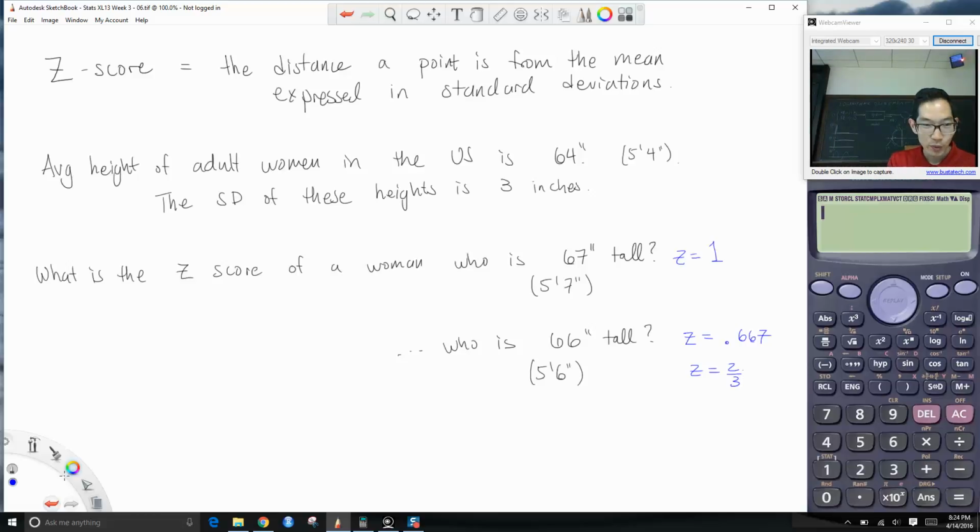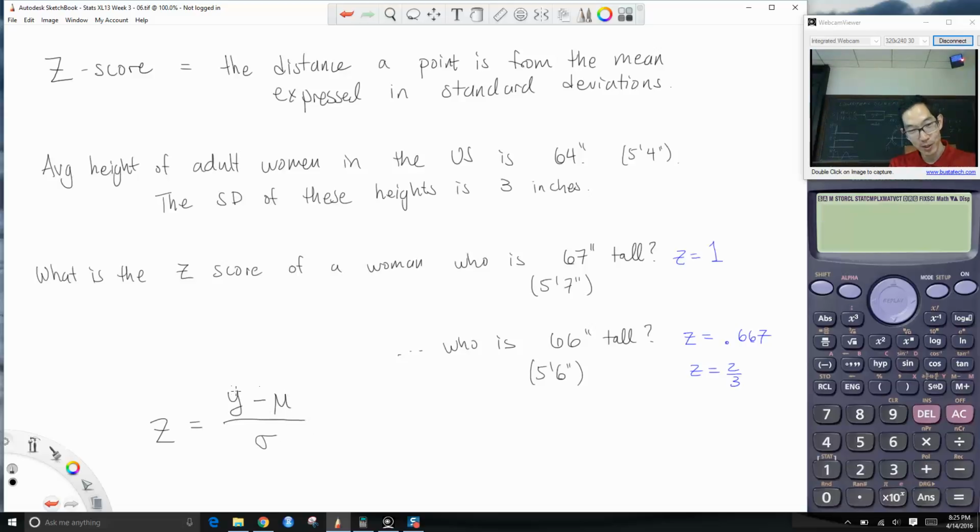If you had to come up with a formula for the Z-score, what would you say? Z is equal to, let's say we take some point y, and we want to know how far it is from the mean. So what would I do there? I would subtract off the mean, but I don't want just the distance. I don't want the answer to be 3 inches or 2 inches above the mean. So what do I have to do to this result? I would divide by the standard deviation. This is how we get our Z-score.